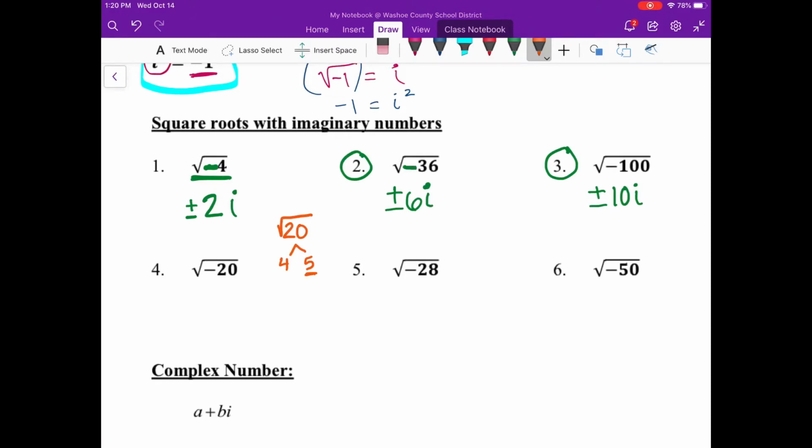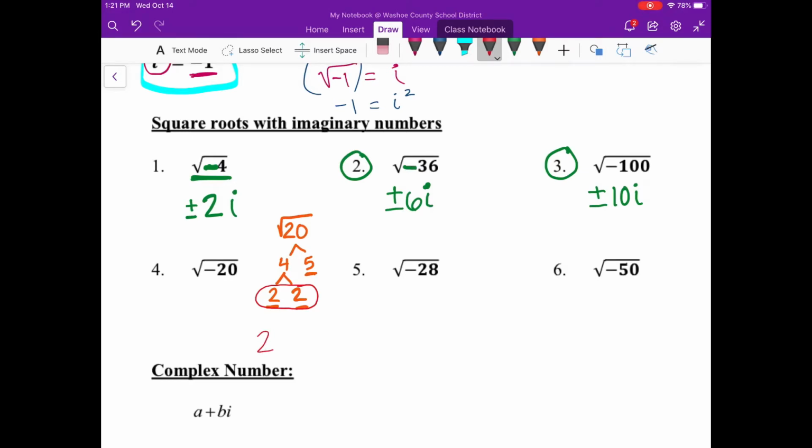I'm going to stop anytime I see a prime number. And to remind you what a prime number is, it's a number that's not divisible by anything except itself and 1. 4, on the other hand, can be broken down a little bit more. 4 is also 2 times 2, and I'm going to stop at those prime numbers. Okay, so the way that it works to simplify radicals is if you have any pair of numbers, those numbers are going to come outside the radical as 1.